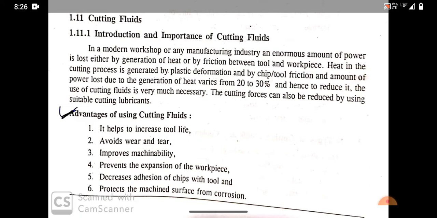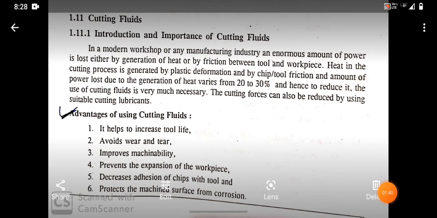So what are the advantages of using cutting fluids? Cutting fluids help to increase tool life, avoid wear and tear, improve machinability, and prevent the expansion of the workpiece. First, how does it increase the tool life?